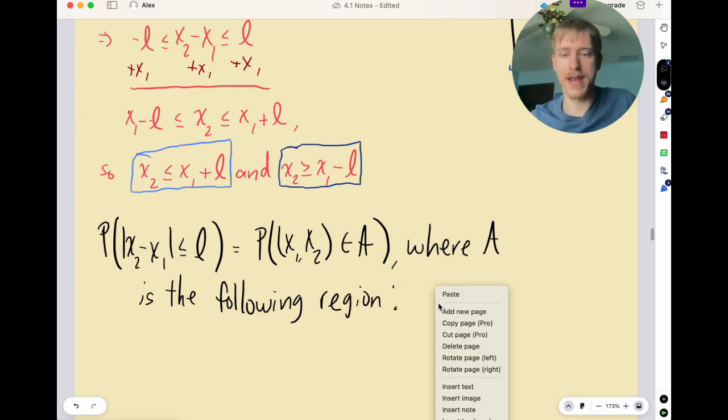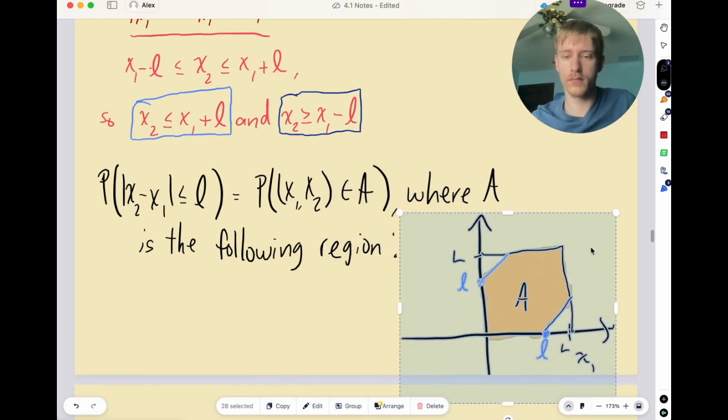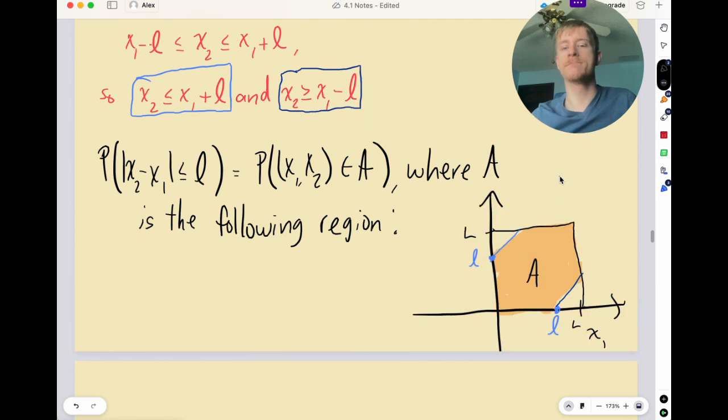Now I'm just going to go ahead and paste the region from before. And now hopefully we might be able to integrate this a little easier.